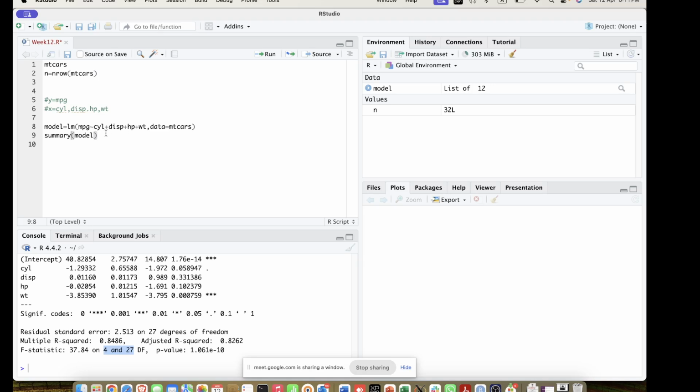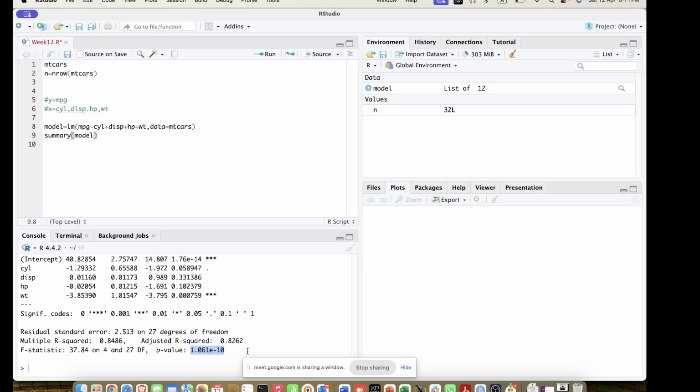Here k is 5, intercept plus 4 variables, so k minus 1 is 4, and n minus k, 32 minus 5, is 27. And this is the p-value of the test of whether the model is significant or not.